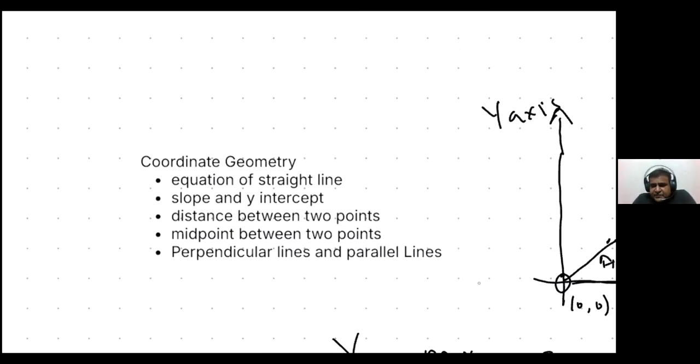Sometimes they give us graphs and we have to extract data from it. Sometimes they give us word problems. Sometimes they just give a sketch and also a word problem with it. So this was a brief coordinate geometry demo session today that I gave you.